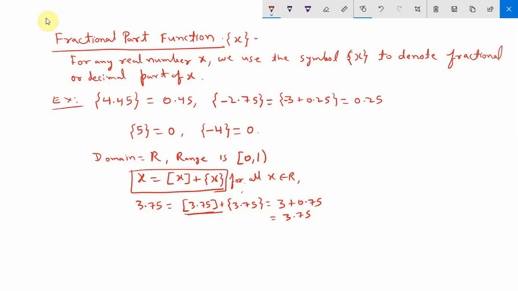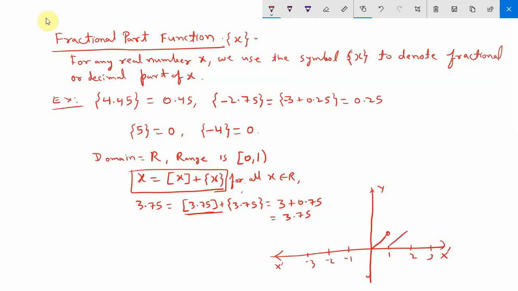If we represent this on a graph, we can represent it like this: x dash, x, y. Okay, so if this is 1, 2, 3, minus 1, minus 2, and minus 3. If x lies from 0 to 1 but less than 1, it will be indicated as this.